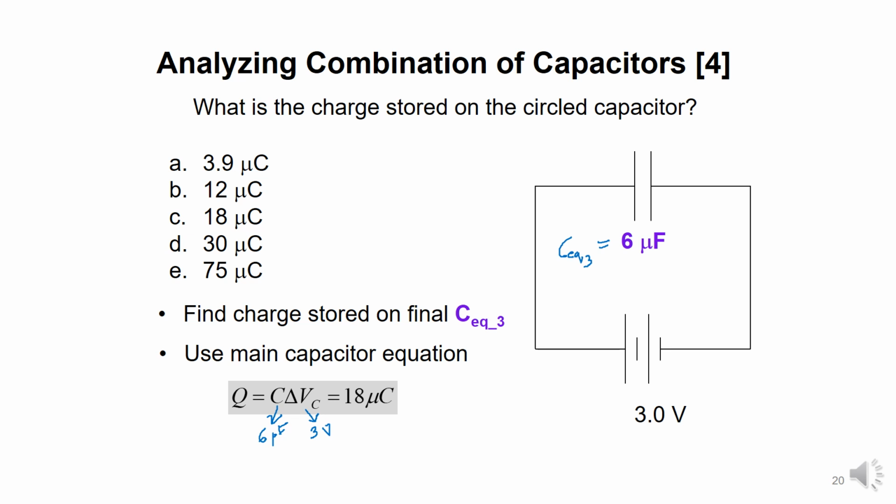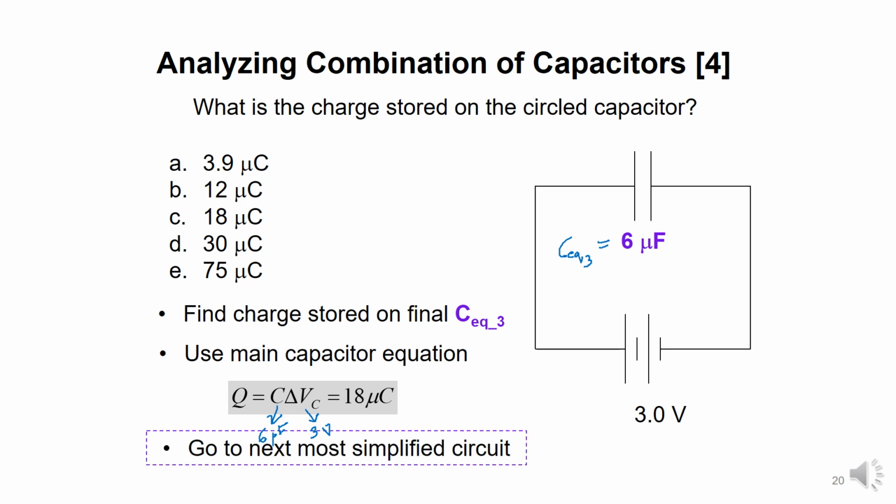Okay, that's not the answer we're looking for, but that's a piece of the problem here. Okay, so we'll take this 18 microcoulomb, the combined charge, and go to the next most simplified circuit. So in other words, we'll go backwards. We have the most simplified circuit here. We'll go one step back, less simplified circuit.